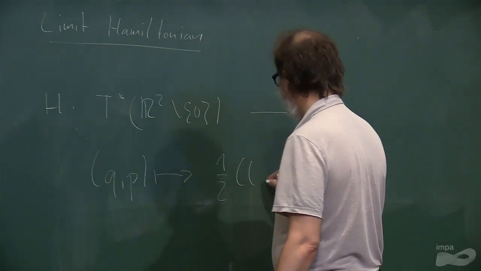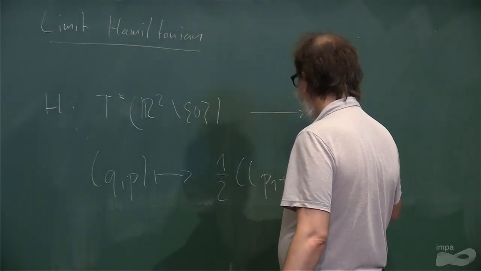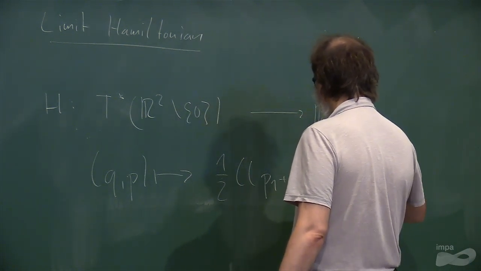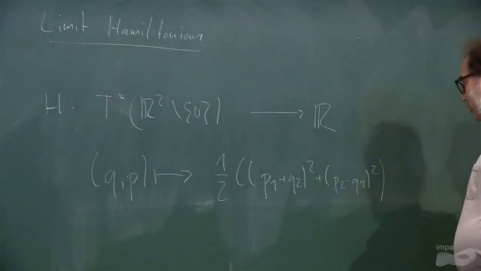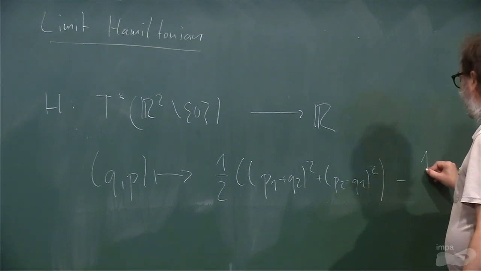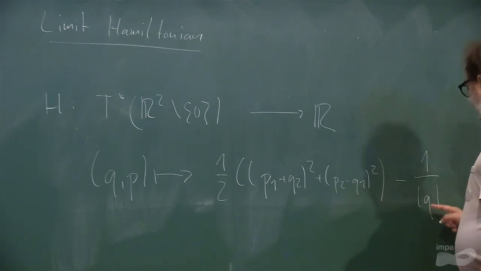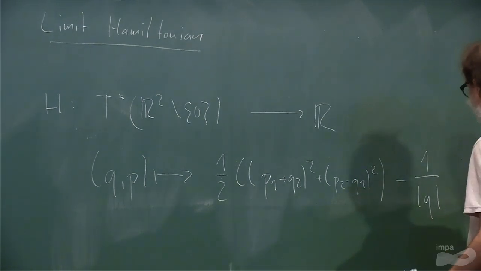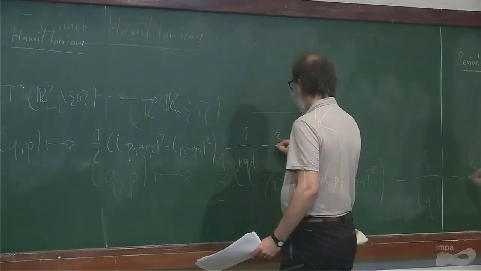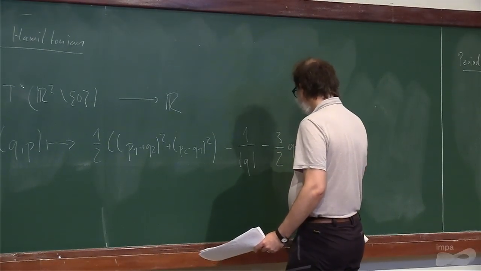So we still have the Coriolis force. Then we have 1 divided by |q|. This is the gravitational force of the Earth. This is not surprising so far. And then we get an additional term, -3/2 q1^2.